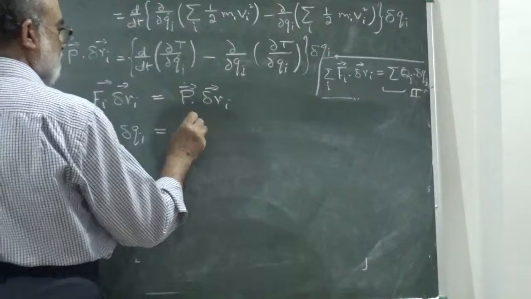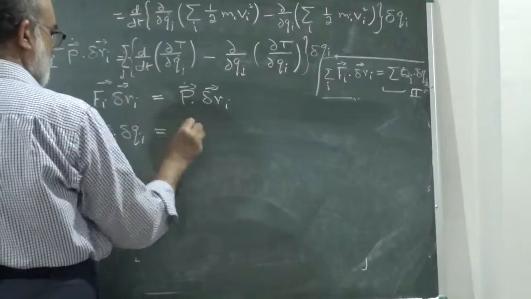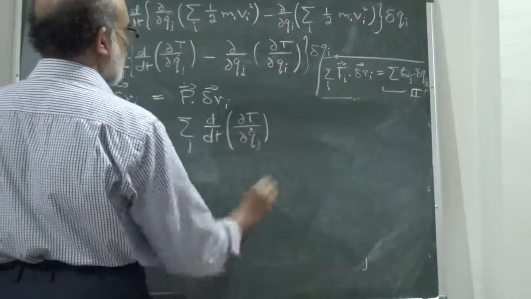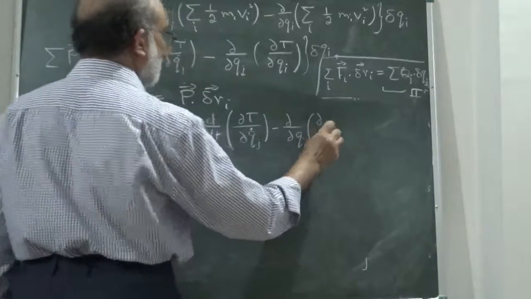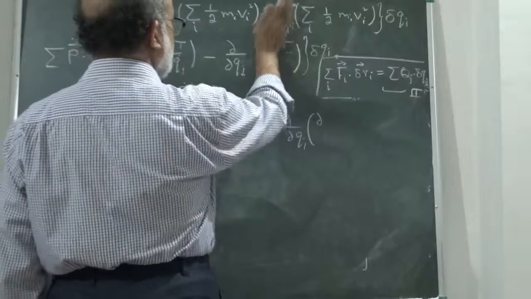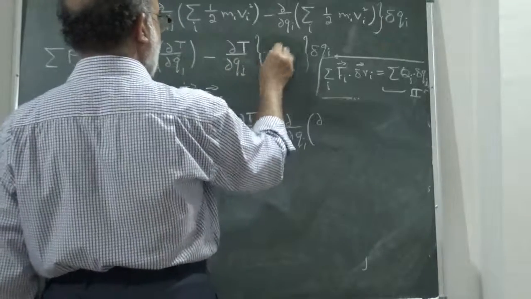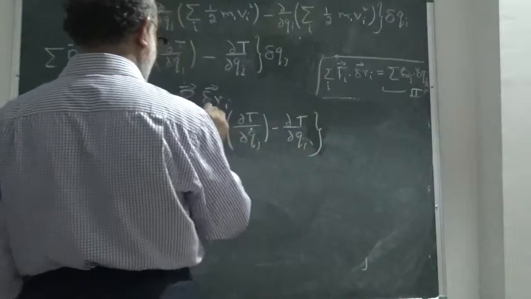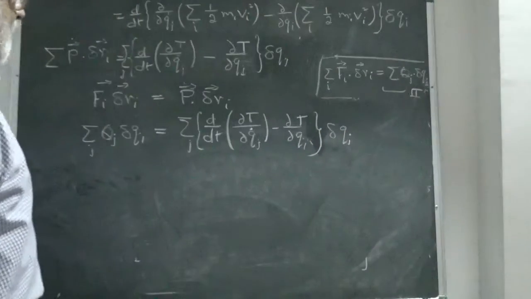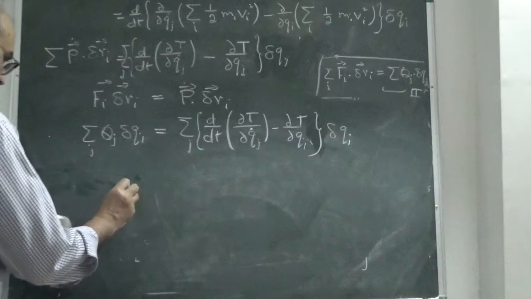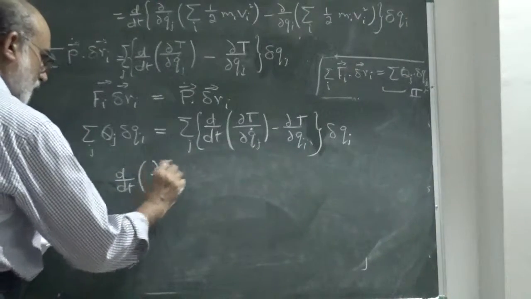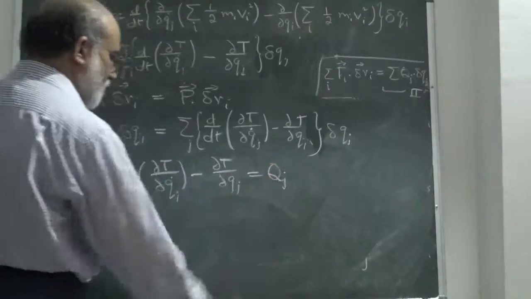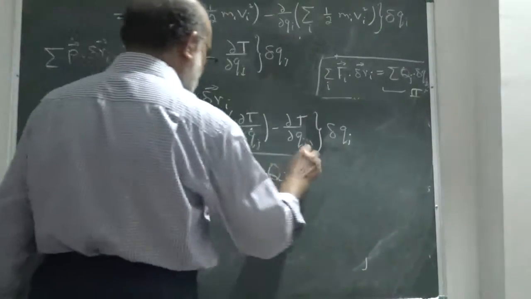Here we have summation over j, so it is summation over j d by dt delta T by delta qj dot minus delta T by delta qj, simply delta T. So it means d by dt delta T by delta qj dot minus delta T by delta qj is equal to Qj, and this is the Lagrangian equation of motion.